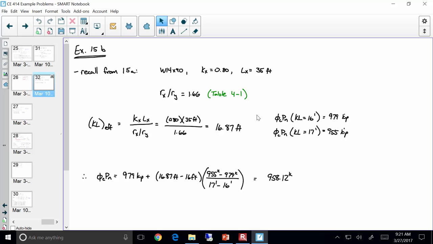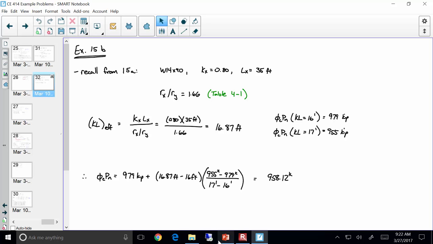But then where we got that 16 feet and that 17 feet was by computing this effective KL. Remember, KX LX divided by that ratio of RX over RY. Use that to pick our two values and interpolate. And you can see we got effectively the same answer, the 958.12 kips. Sound good? Okay.